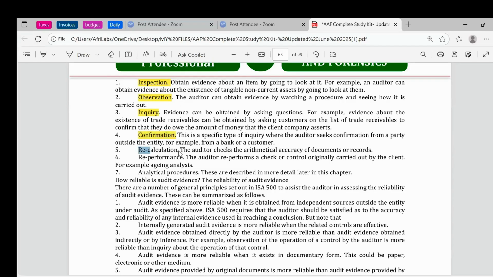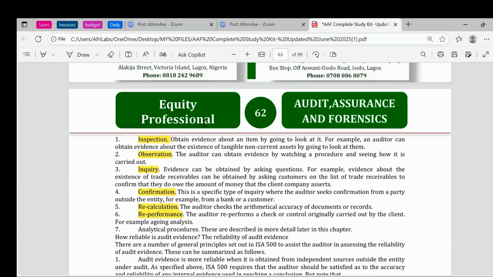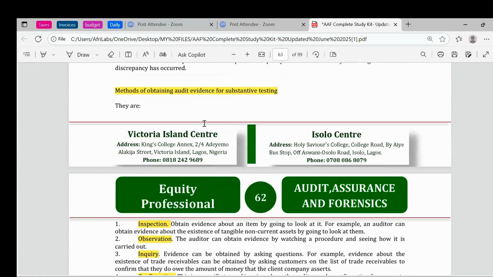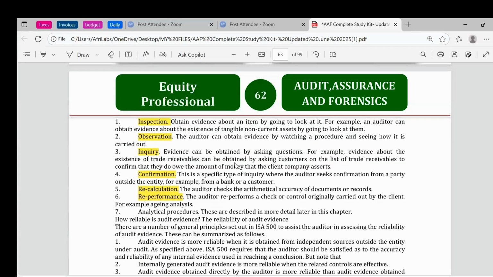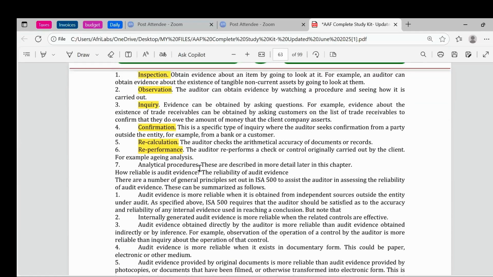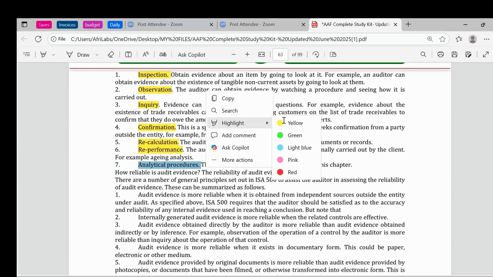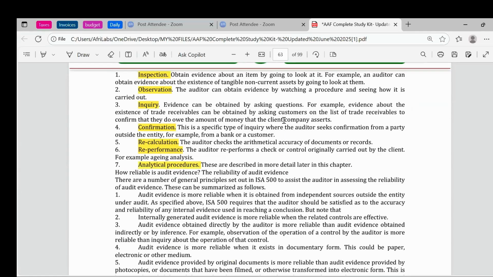Do you know that when you are doing your CVOP and you are trying to get your audit procedures, this method of obtaining audit evidence becomes very useful? Like in the process of doing arithmetical accuracy, you may have to do recalculation. Do you understand what I'm trying to say?